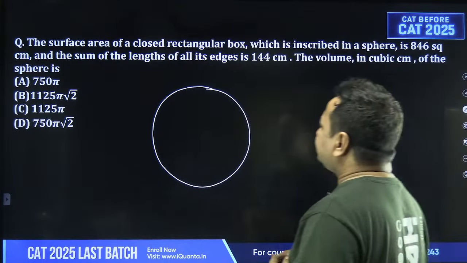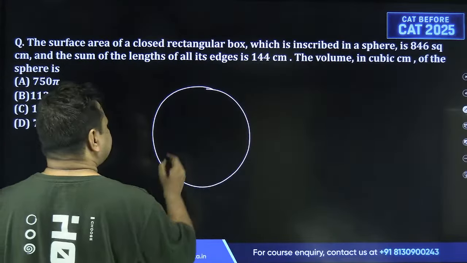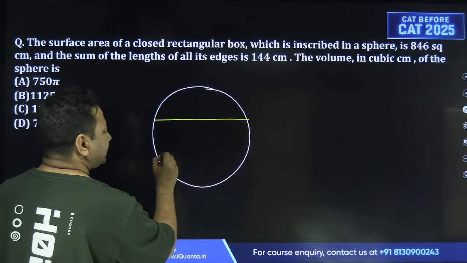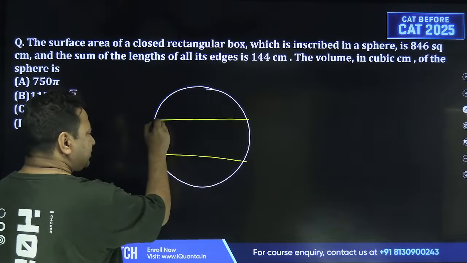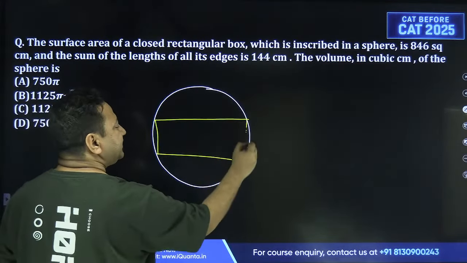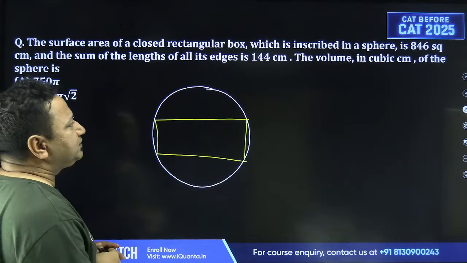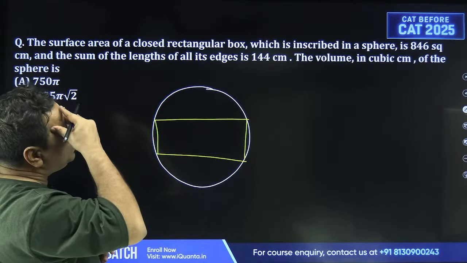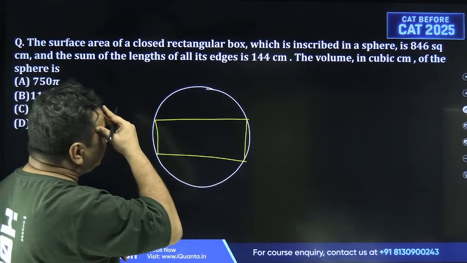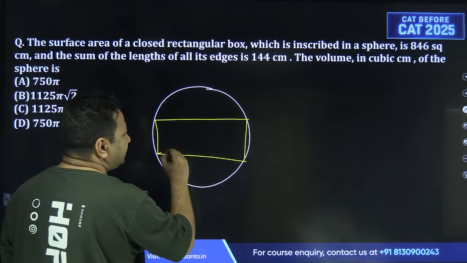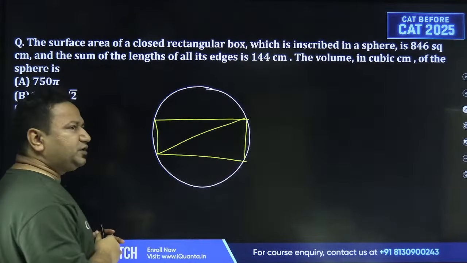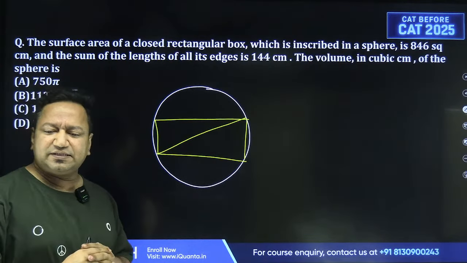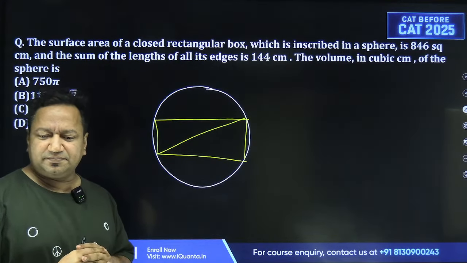Okay, so if I try to do that, now look at this. It was a cuboid, but from the cross section it looks like a rectangle. Tell me something. If I try to join the diagonal, would this diagonal of the rectangle be equal to the diameter of the circle or the sphere?